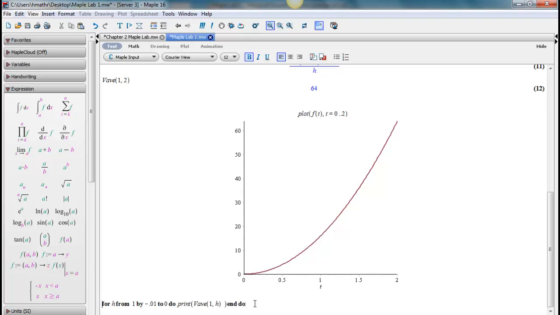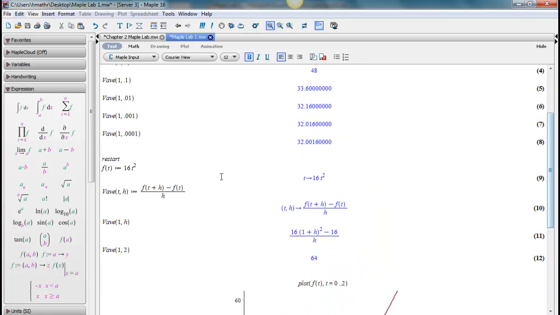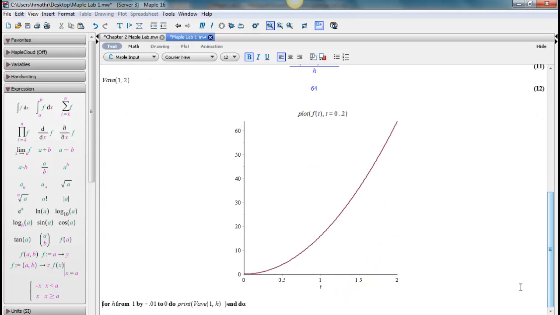What this code is going to be used for is computing the limit of our average velocity function. In order to get instantaneous velocity, what do we do? We take the limit as h goes to 0, right? And that's what we're doing with this code.